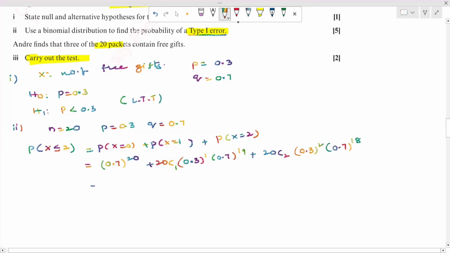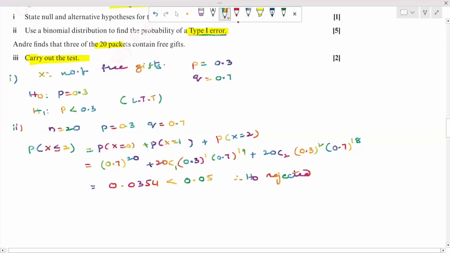Use your calci and simplify. The value you will be getting is 0.0354, which is less than the significance level. Which is less than means H0 is rejected.